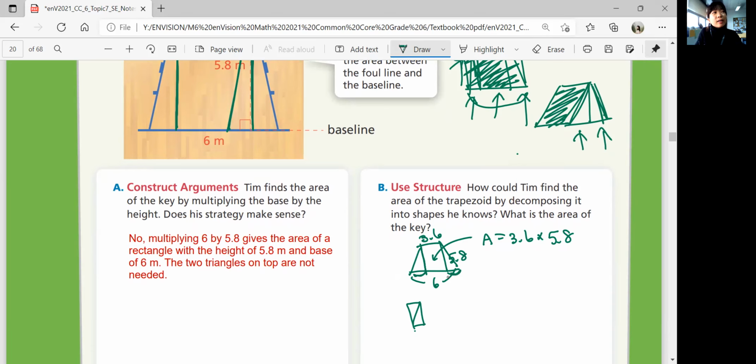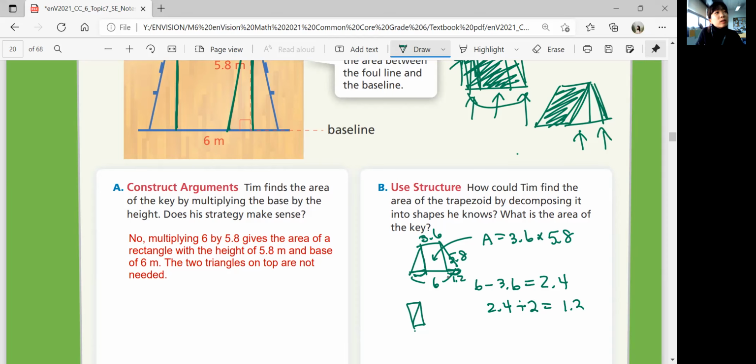And 6 minus 3.6 is going to be these two distances together, right? So we can divide by 2 after we subtract 6 by 3.6. So 6 minus 3.6 is going to be 2.4. Okay, and so these two are 2.4. 2.4 divided by 2 is 1.2.